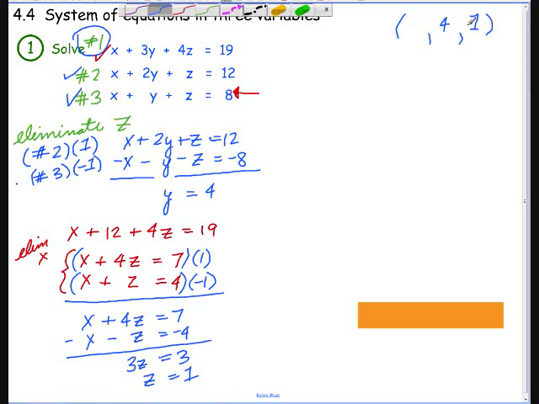And the only one I have to figure out now is x. And I'm going to use, again, the easiest looking equation. X plus 4, that's my y, plus 1 equals 8. So my x plus 5 equals 8.